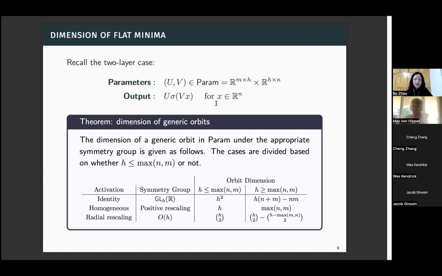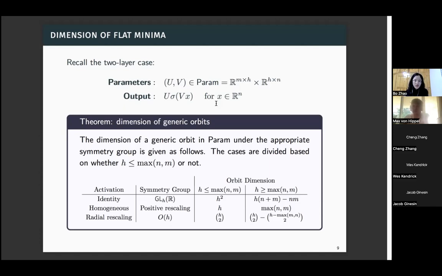In other words, the orbits that together make up this minimum are very different. They have different dimensions, and many different properties. But that's a good question, and we're also working on that.